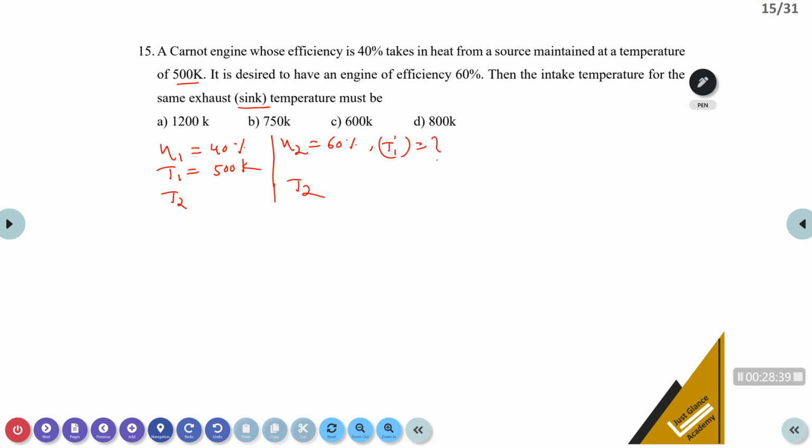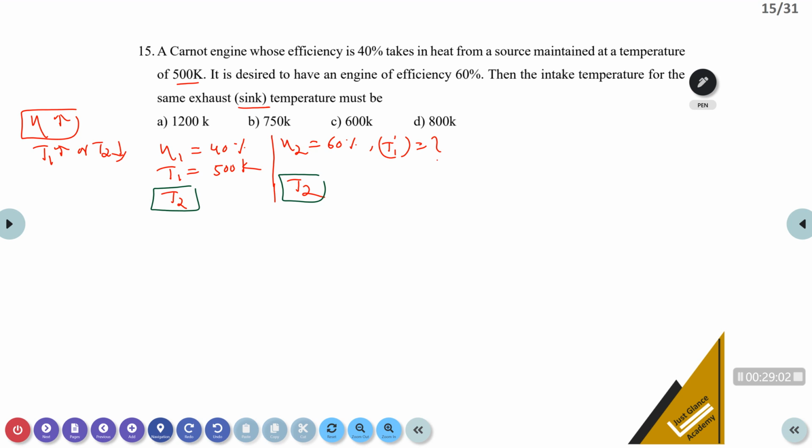Please understand the question. Efficiency can be increased in 2 ways. One is T1 can be increased, or T2 should be decreased. But in this situation, T2 remains the same in both cases.